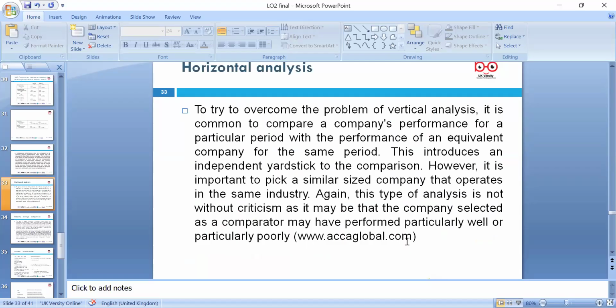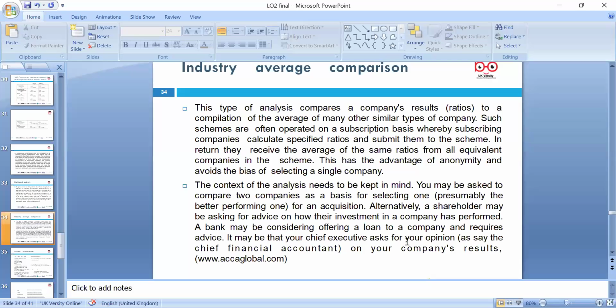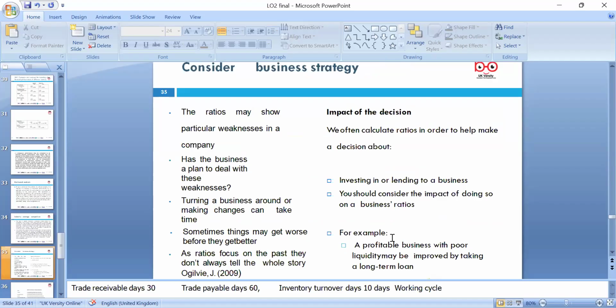We can look at industry averages, which help as a benchmark in the industry. Otherwise it's not a good criterion, comparing a small company with a multinational company. So consider the business strategy, please. Strategy is an action plan. Then of course you can make the strategy, for example your credit management policies.